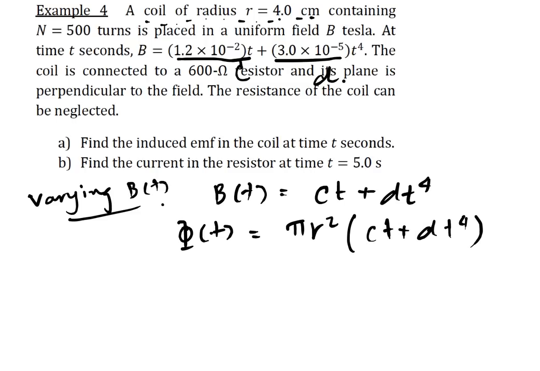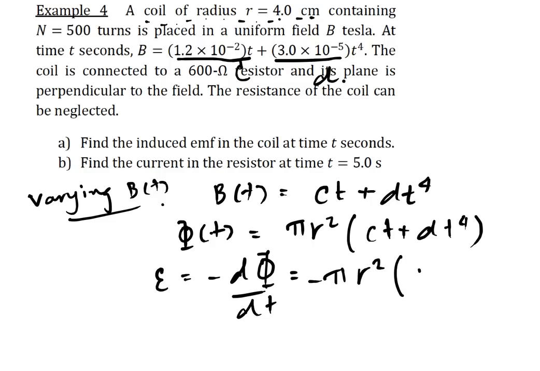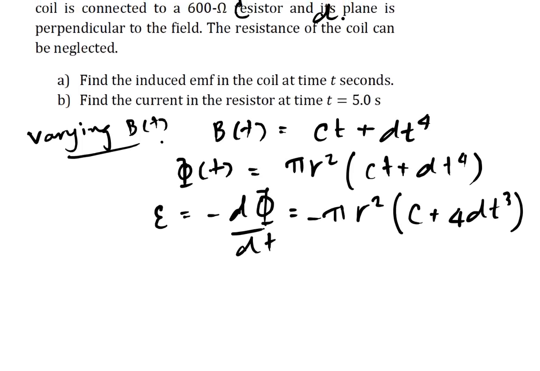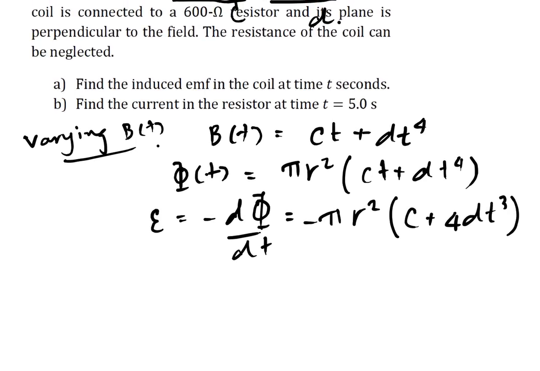dt to the 4. And the induced EMF will be simply differentiate the function phi with respect to time, and what you get is C plus 4 dt to the cube. And then whenever you want to consider the current, okay, you can simply use Ohm's law, because we consider the EMF as voltage.